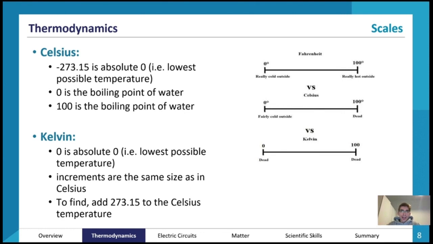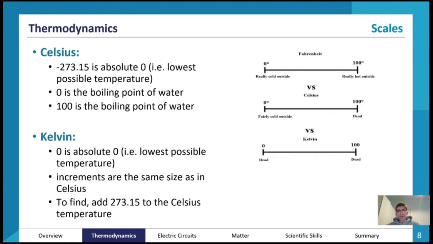Well, first of all, no one uses Fahrenheit. It's not necessarily the best. Obviously, I am not American, so I can't give a lot of insight when it comes to Fahrenheit. But for VCE in Australia, you don't really need to know, at least to my knowledge, how to convert between Fahrenheit and Celsius.